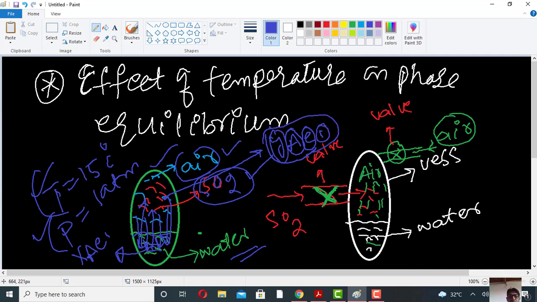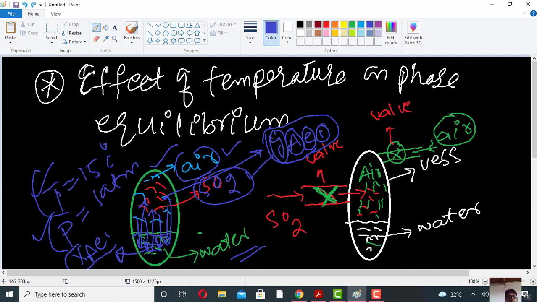Similarly, XaE1 shows the equilibrium concentration of sulfur dioxide in water during experiment number 1. So at 15 degree C and 1 atm pressure, the concentration in the air came out to YaE1 and in the liquid XaE1.